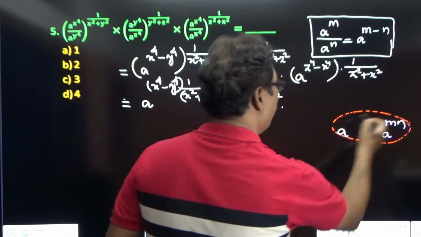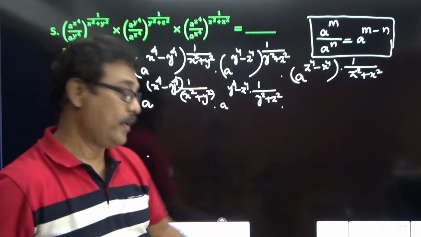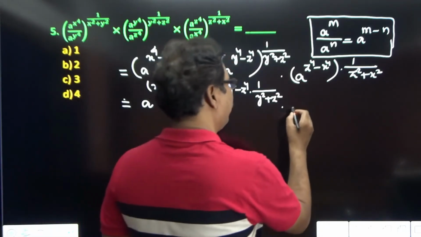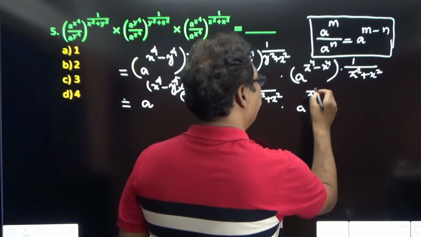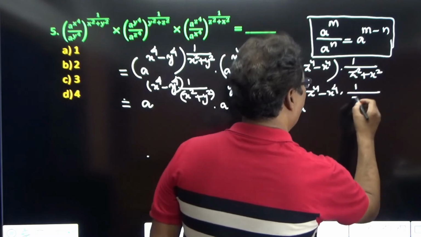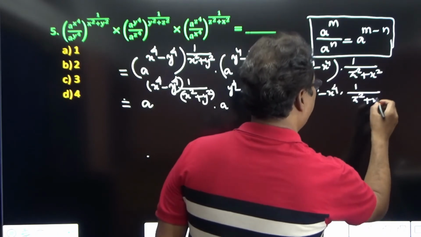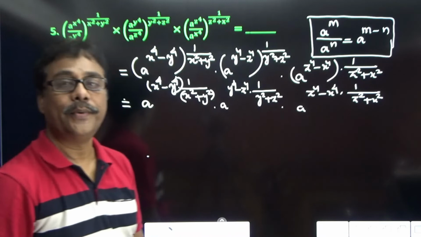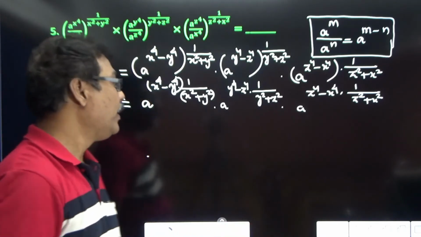Let me write that expression as a to the power z to the power 4 minus x to the power 4 into 1 by z square plus x square. Got it, all of you? Okay, now let's go ahead.